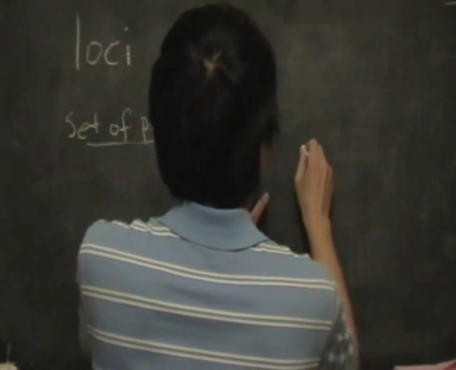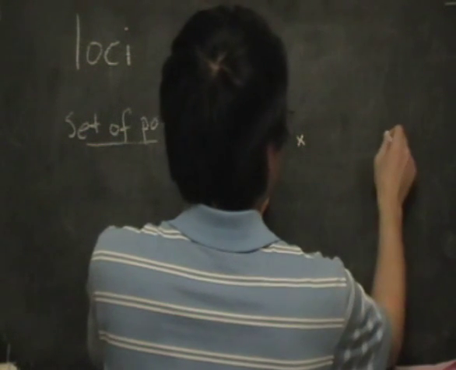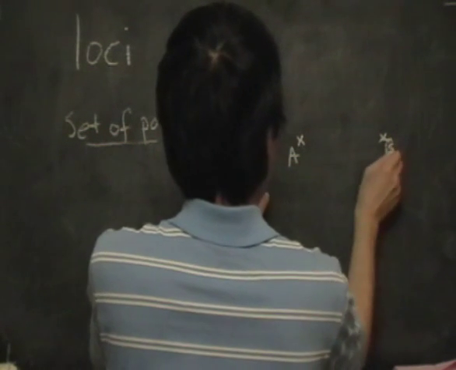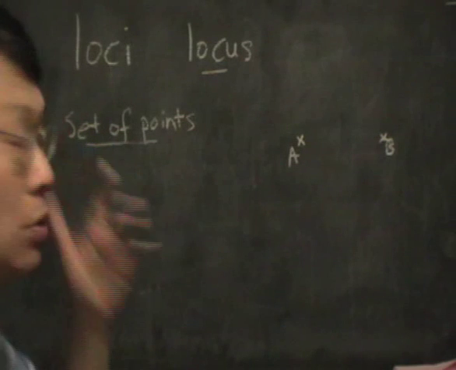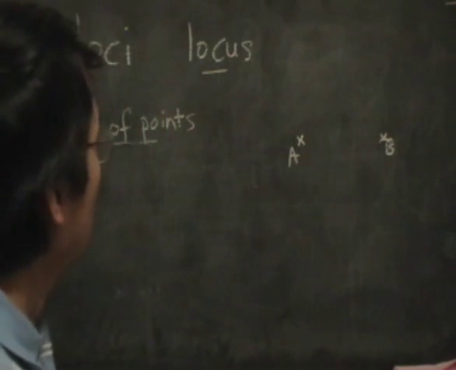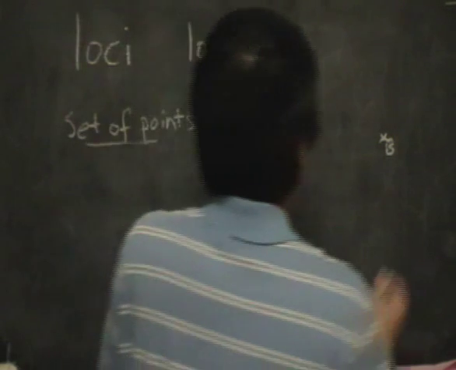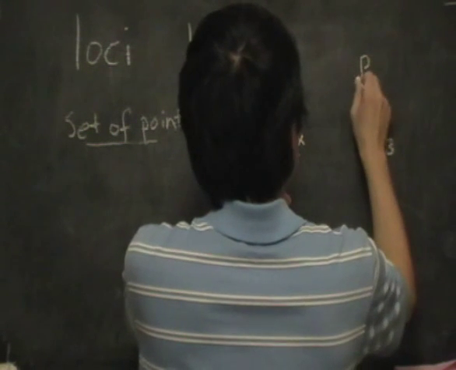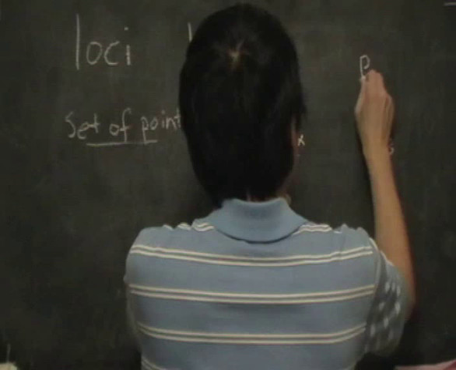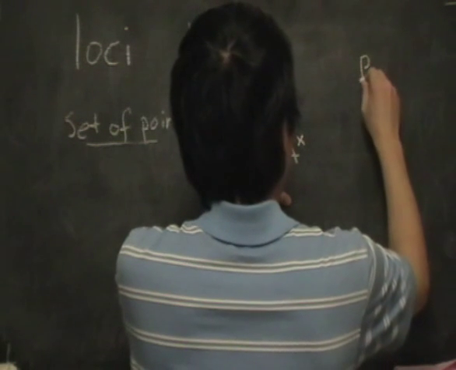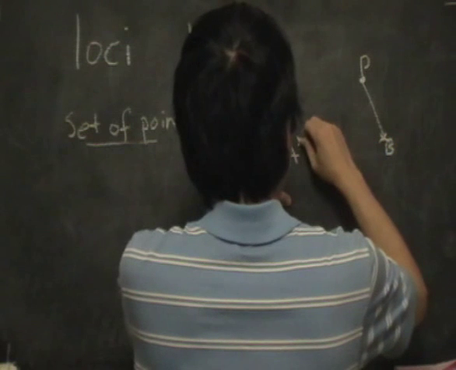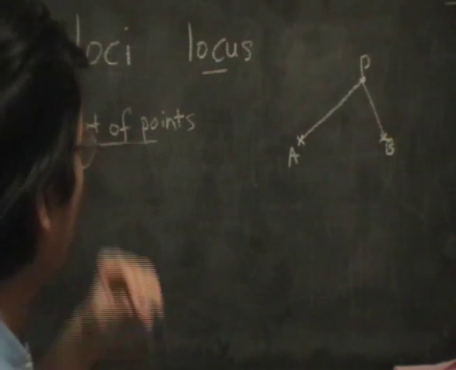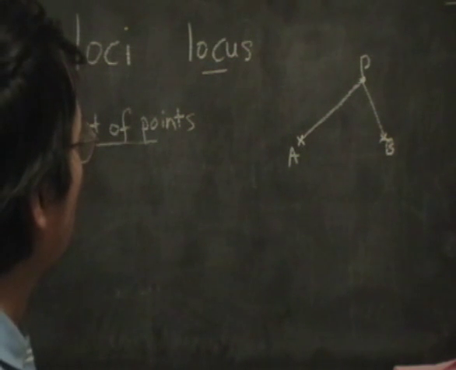Suppose I have 2 points A and B. Alright, the two fixed points. Now, suppose I have a third point P. Let me draw a line joining P to A and P to B.